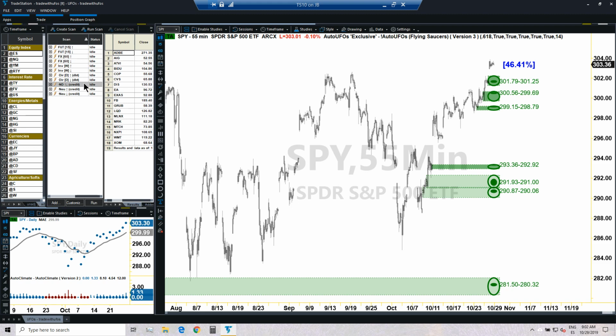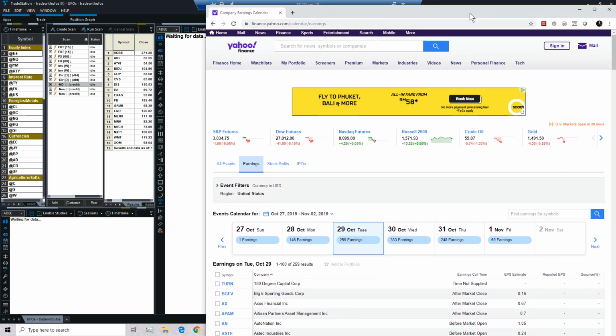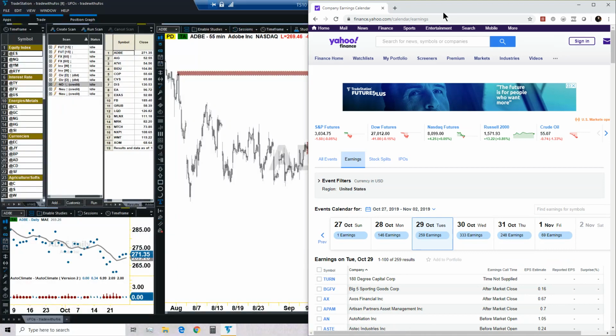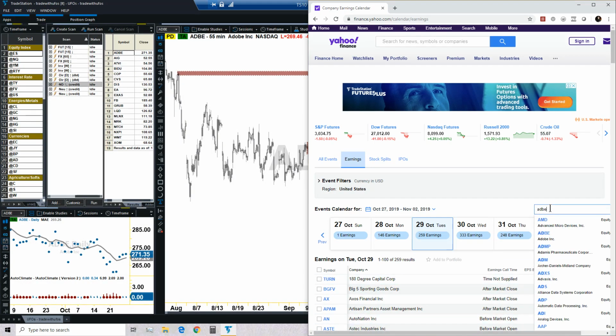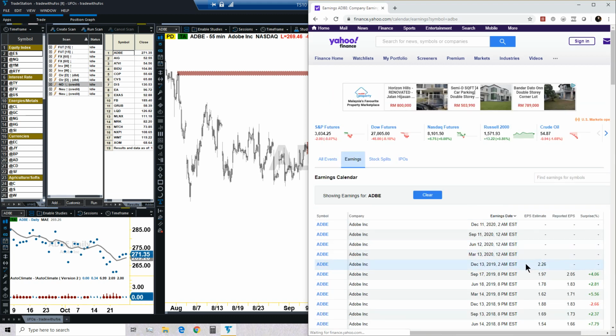Okay, let's begin. I'm going to go ahead and click on Adobe first of all. And while I'm clicking on Adobe, which is the first stock on the list, I am also bringing, as you can see, Yahoo Finance. So I can go ahead and type Adobe in the search box, so we can have more information about when the earnings report is expected to be, which is December 13.